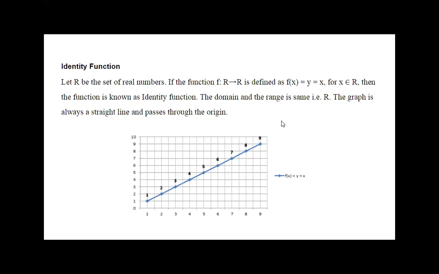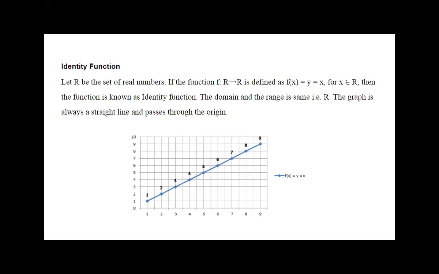Then there is the identity function. We know the identity matrix, where diagonal elements are 1. Like the same, here the identity function is there. If x value is 1, f of x value is 1. X value is 2, f of x value is 2. X value is 3, f of x value is 3, and so on.